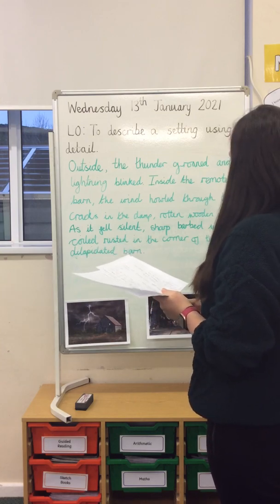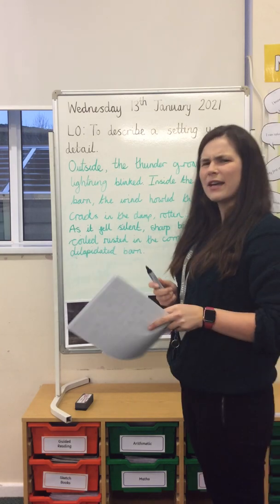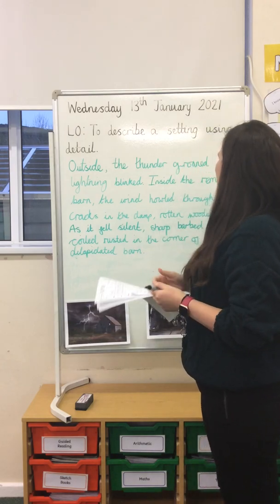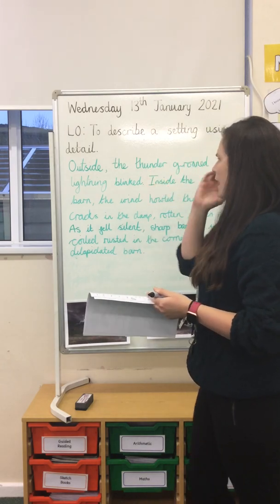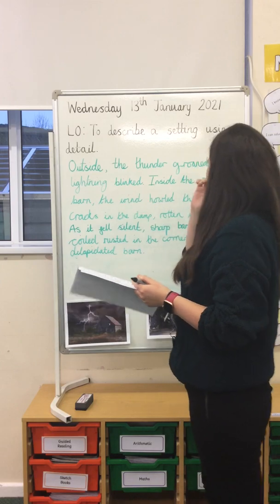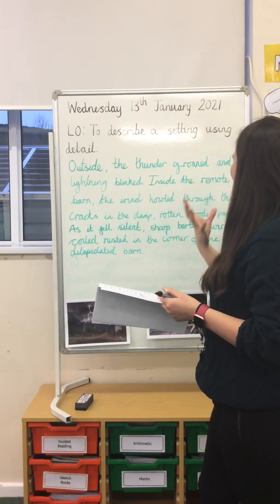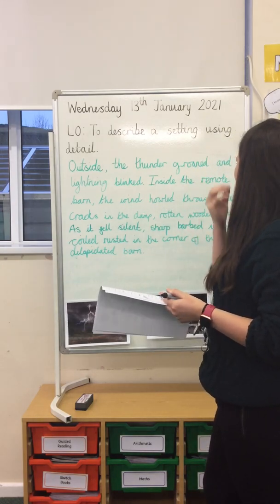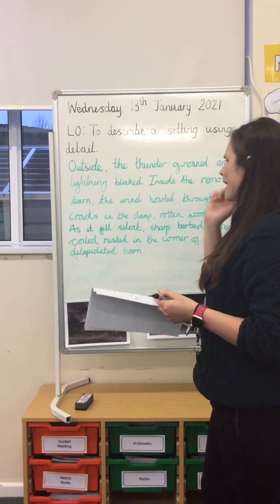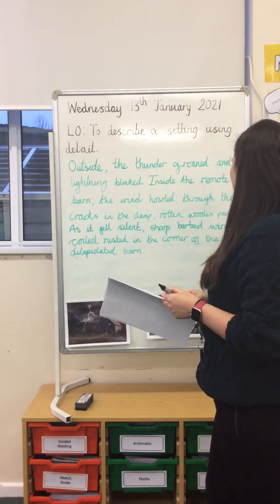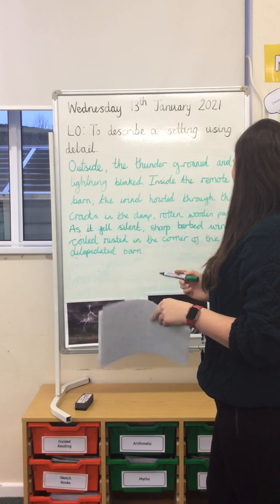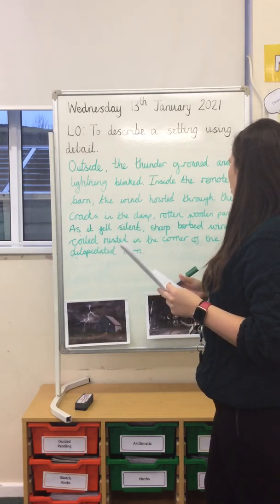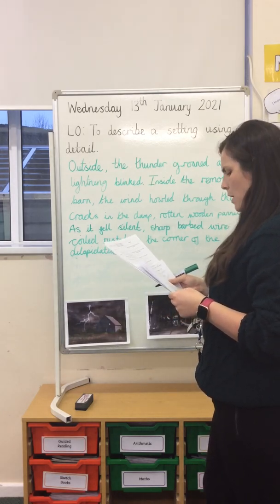Ooh. I'm using my senses really, aren't I? Outside the thunder, I can hear it. The lightning, I can see it, it's blinking. As it fell silent, again, you're hearing it.